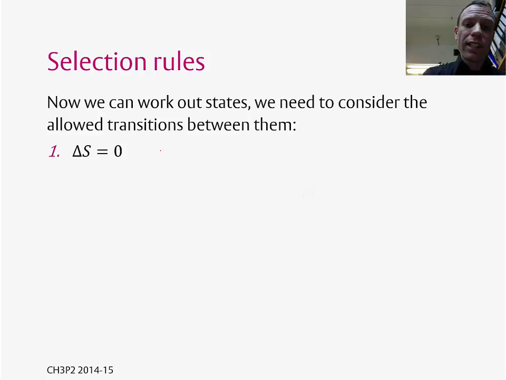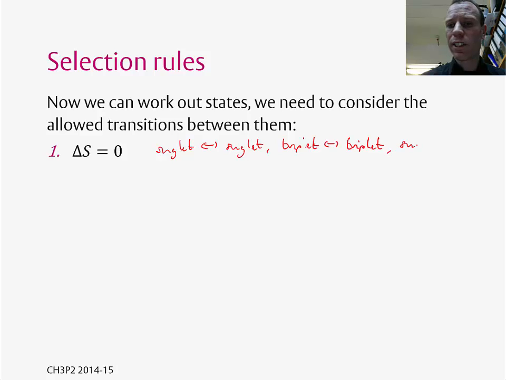So we can get singlet to singlet transitions, triplet to triplet, but we can't have singlet to triplet transitions. That's a key thing to remember when you're thinking about electronic states of molecules.